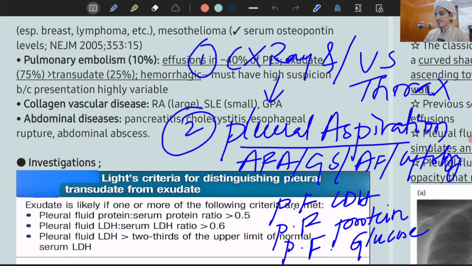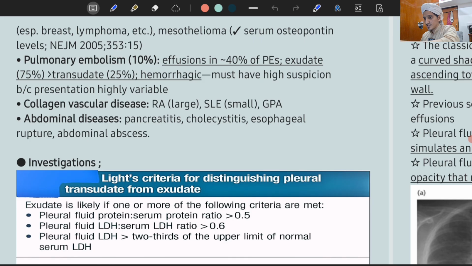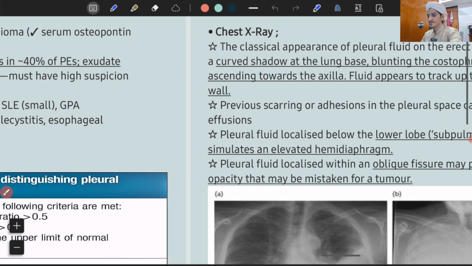Sometimes pleural fluid pH also. And again, if needed, you will go for the third option, pleural biopsy. Okay, these are the headings which we will discuss further on. Light's criteria I will discuss. First, we will move on to chest X-ray.